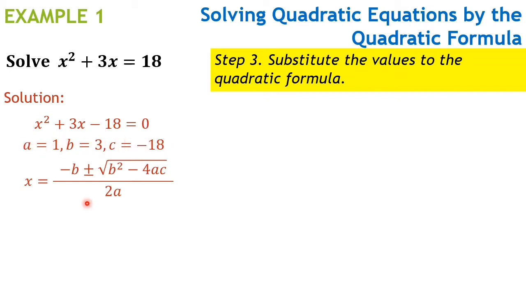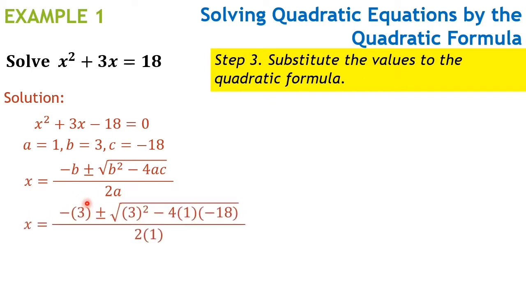So that will become x equals negative of 3 plus and minus the square root of 3 squared minus 4 times 1 times negative 18, all over 2 times 1. Remember that when you substitute the values to the formula, we need to enclose them with an open and close parenthesis, just like what we did in this formula.